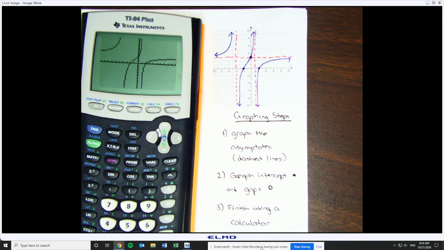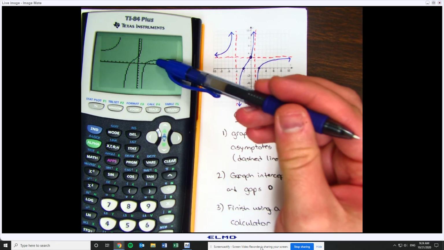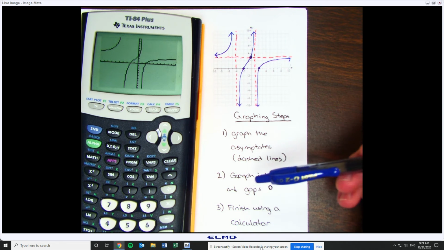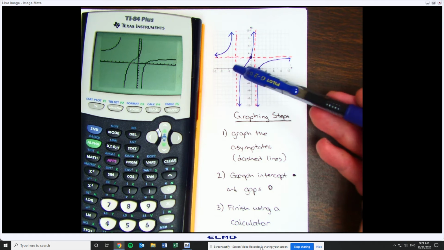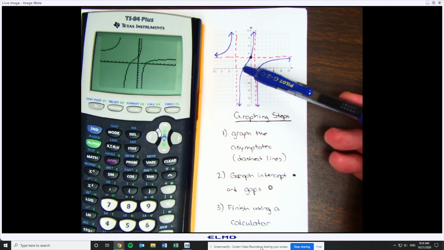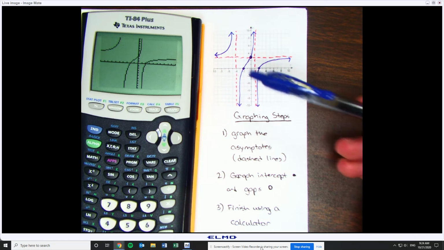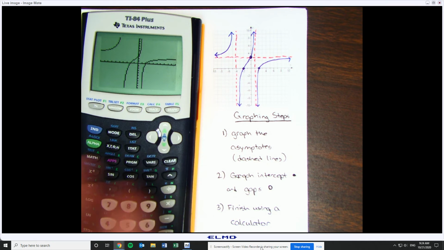Done. That's the graph. So the reason I want you to graph all these properties is because it's very easy to look at a graphing utensil and not be super accurate. But putting these asymptotes gave me boundaries to stay within, and putting the intercepts gave me points to hit so I could be more accurate.